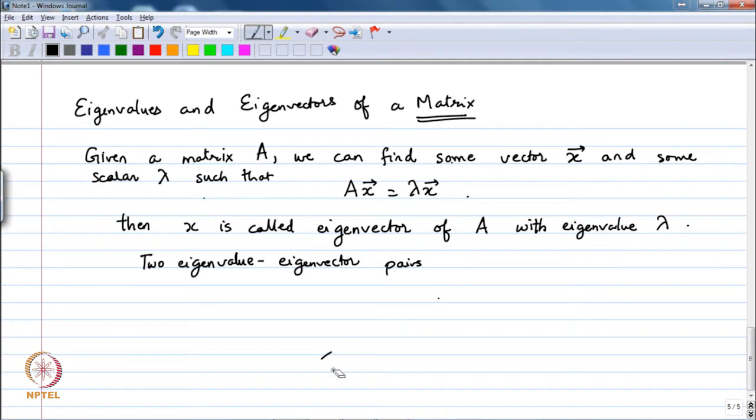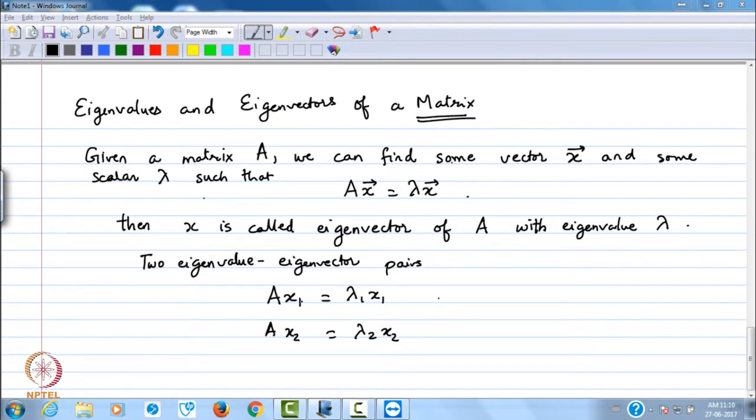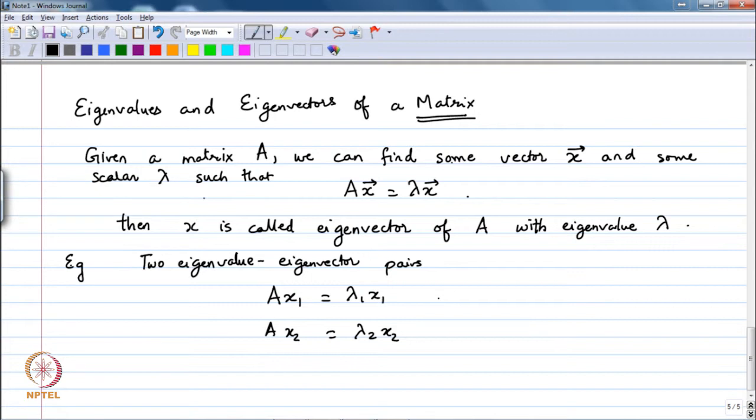So, for example, you could have something like A x 1 equal to lambda 1 x 1 and A x 2 equal to lambda 2 x 2. Notice for the same matrix A, okay, I have a pair of eigenvalues. So, this is nothing but an example. Okay, you could have 2, you could have 3, you could have 4, you could have as many, you could have different numbers.